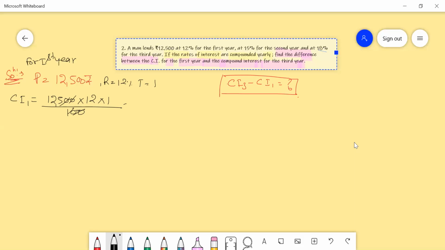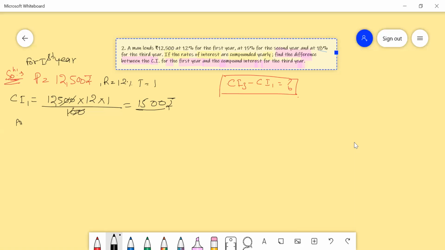So 12 times 5 is 60, 6 carry, 12 twos are 24 and 6 is 30, 3 carry, 12 ones are 12 and 3 is 15. So 1500 rupees is the compound interest for the first year.